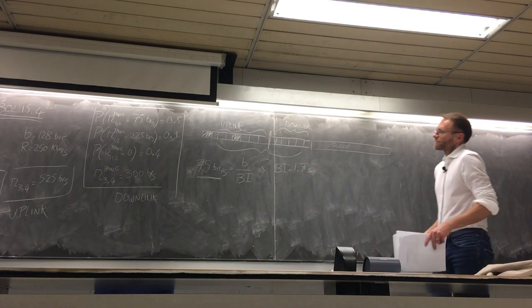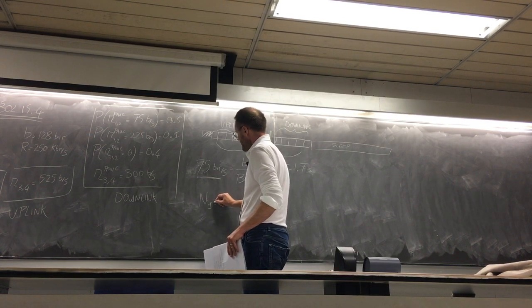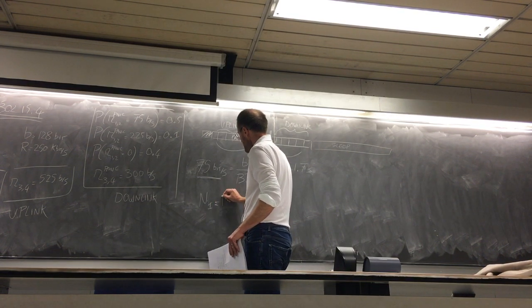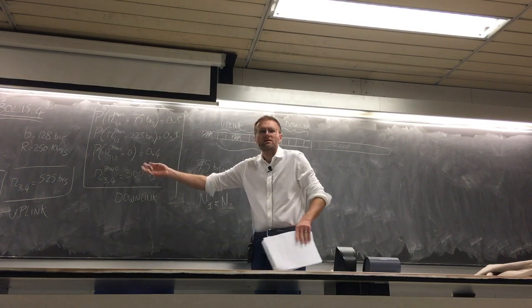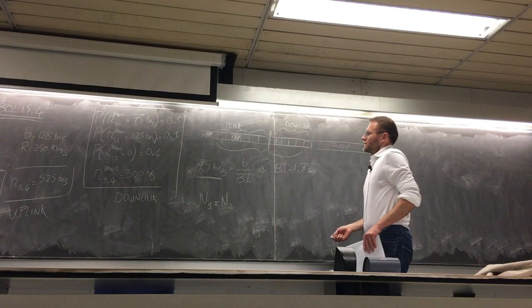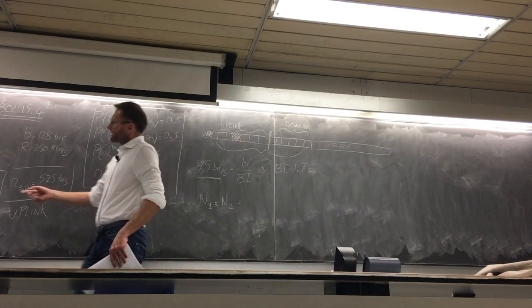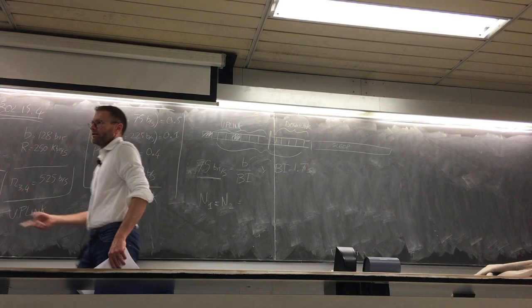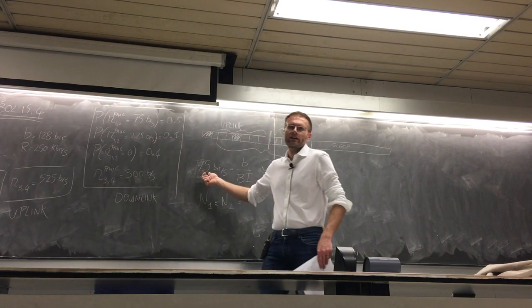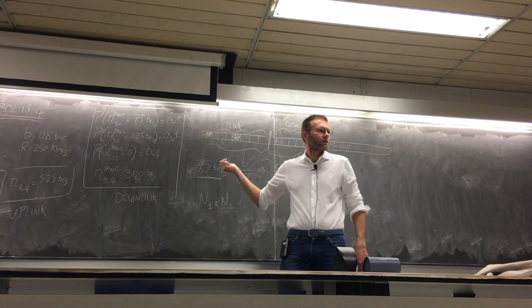So the number of slots needed by a node of type 1, which is exactly the same as the number of slots needed by a node of type 2 because they have the same worst case, is given by the ratio between their worst case rate, 225, and the rate that we use to dimension the beacon interval.